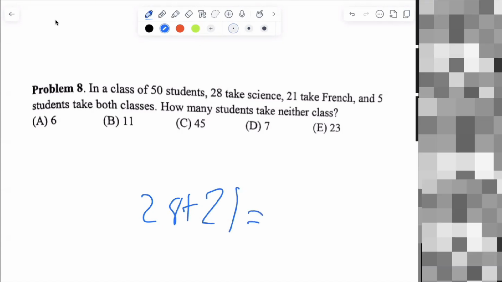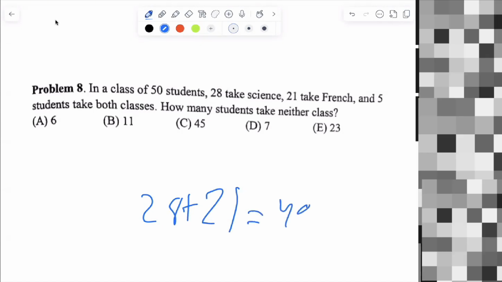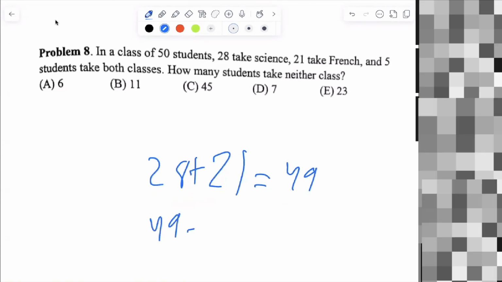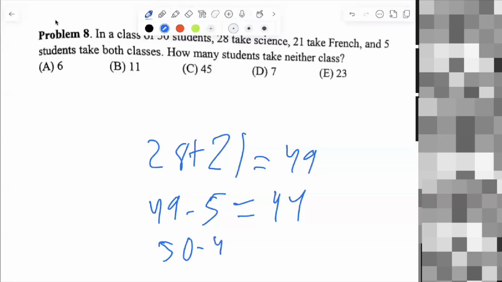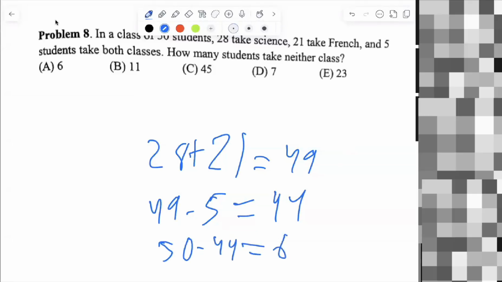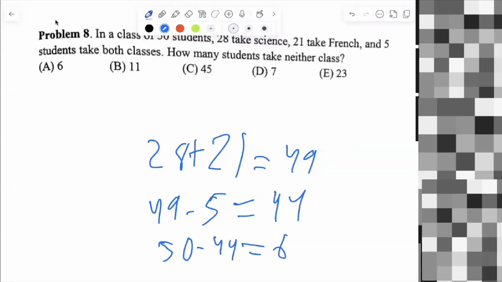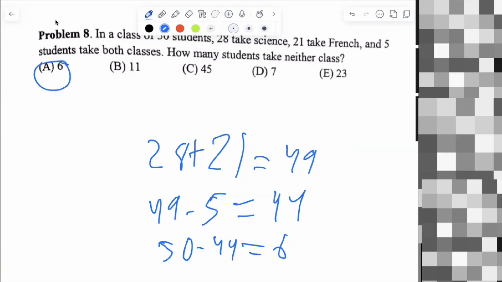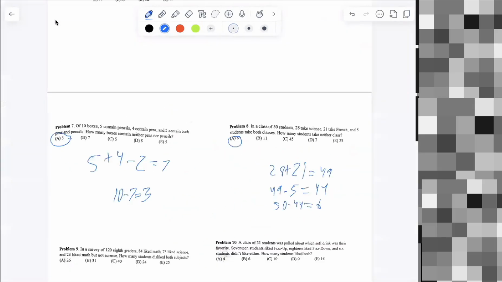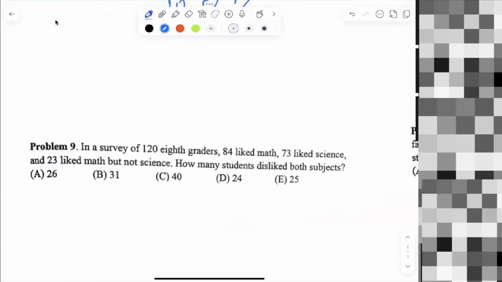This gives you 49. Then we subtract the intersection, which is 5. Gives you 44. This gives you a total of 50 minus 44, or 6 total students that take neither class. Right? This is just basically PIE practicing. Right? Let's move on to problem 9.